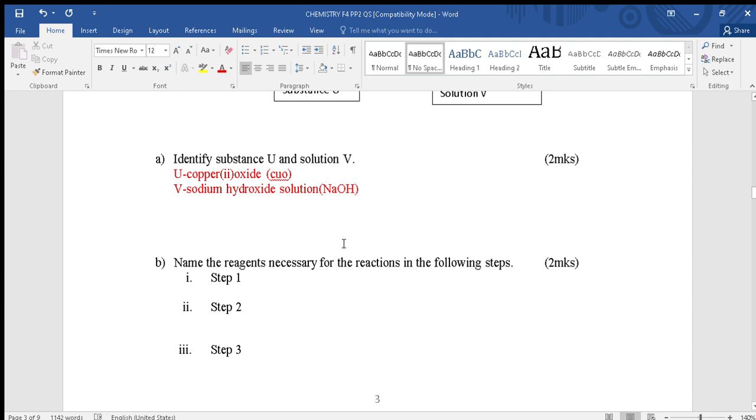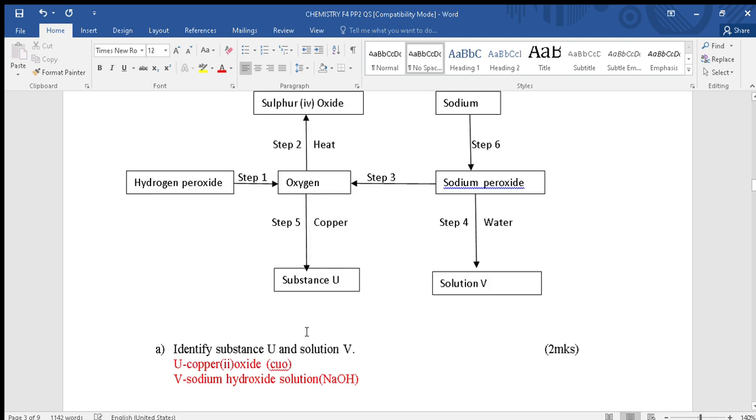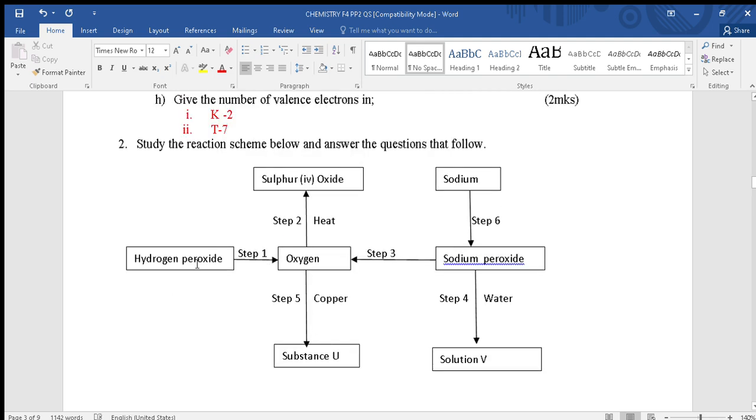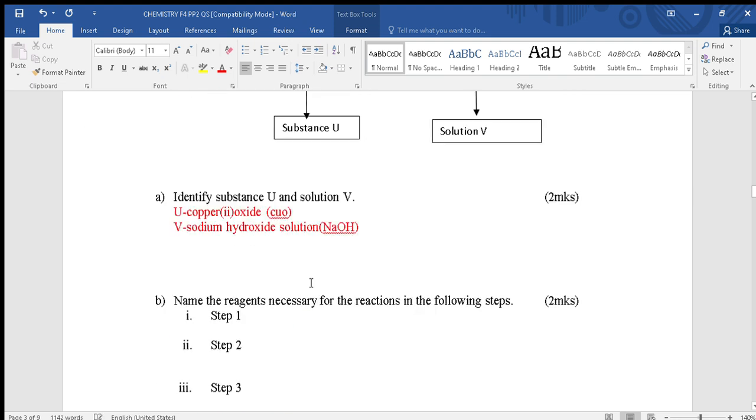Now this next question you are asked, name the reagents necessary for the reaction taking place in the following steps. Step 1, look at step 1. This is hydrogen peroxide. Which reagent do you need to convert hydrogen peroxide to oxygen gas? Of course, you need a catalyst here. You can remember from your Form 1 knowledge. The catalyst that you need here is manganese oxide, because hydrogen peroxide reacts in presence of manganese oxide and then you form oxygen gas and water.